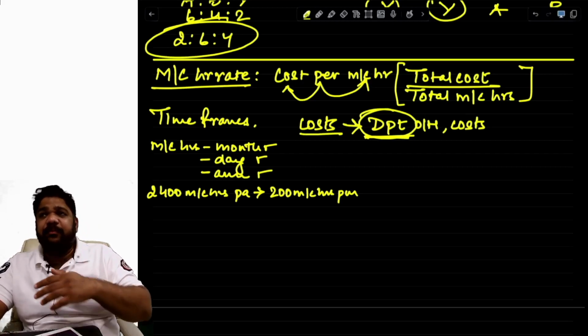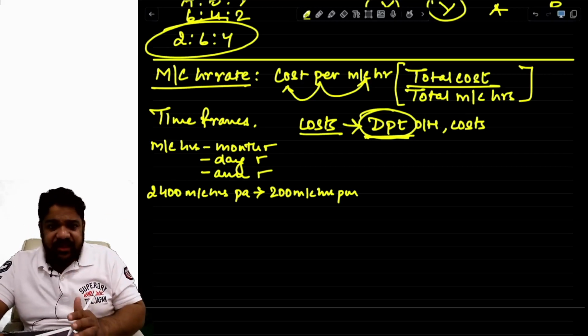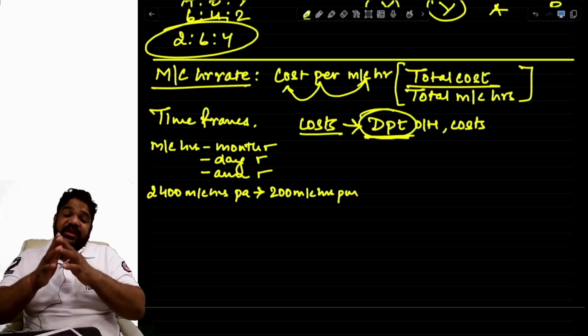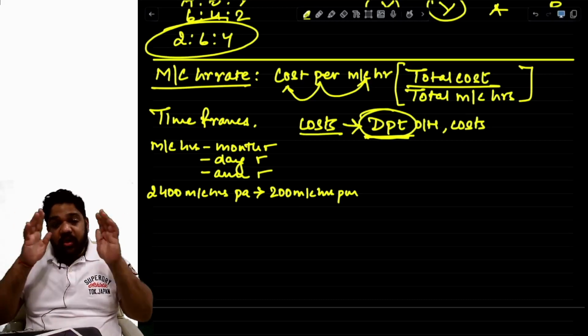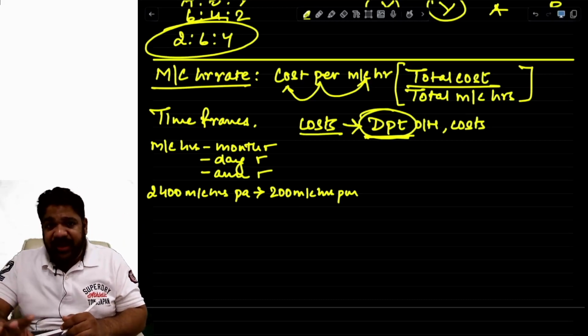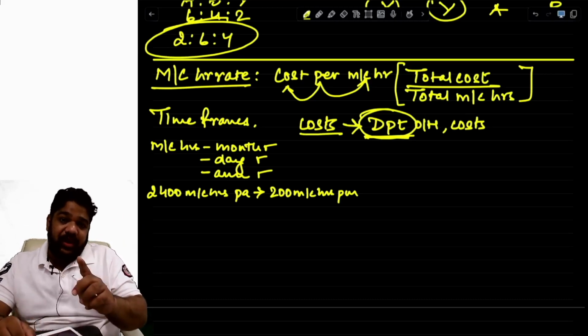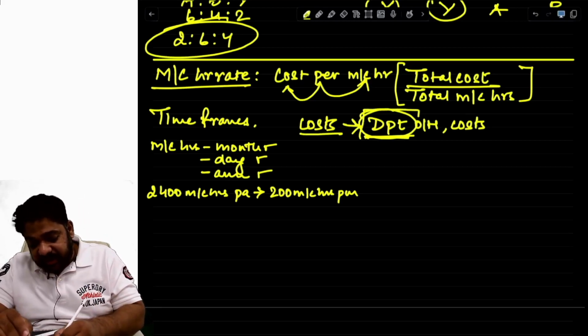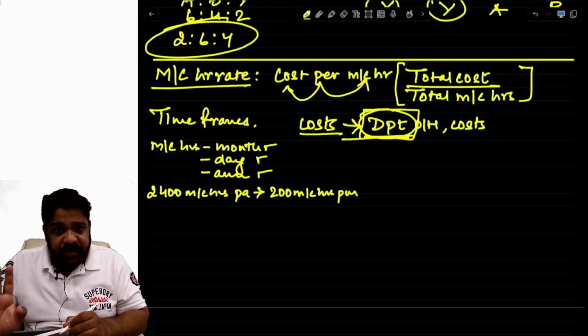So for example, if the departmental costs are 10,000 rupees and you have four machines in that department, then that 10,000 rupees is the cost for all the four machines put together. So it will be for one machine only 2,500 rupees. Keep that in mind. While you're reading the cost, please be sure of departmental costs.